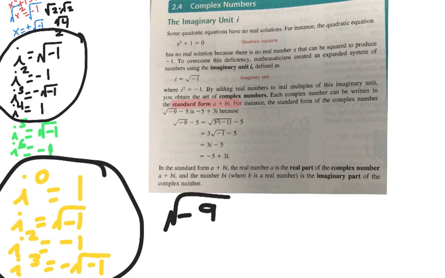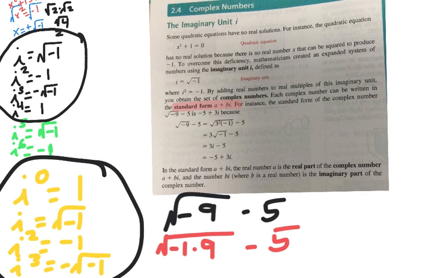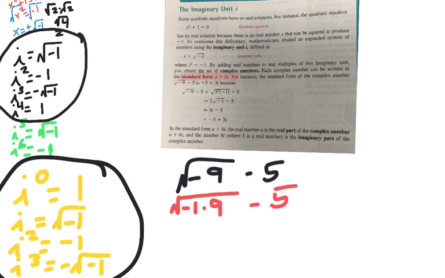If I had the square root of negative 9 minus 5, anytime we have a square root of a negative, we're going to rewrite it as negative 1 times whatever was underneath there. Because now we know if we take the square root of negative 1, that gives us i. And then I have the square root of 9, which is going to give me 3. So the square root of negative 1 is i. Square root of 9 is 3. So we've got 3i minus 5.